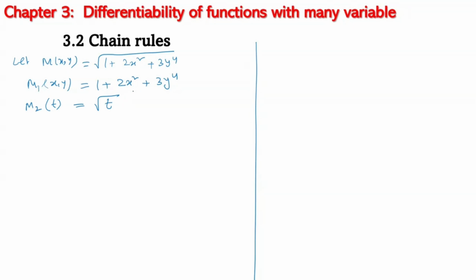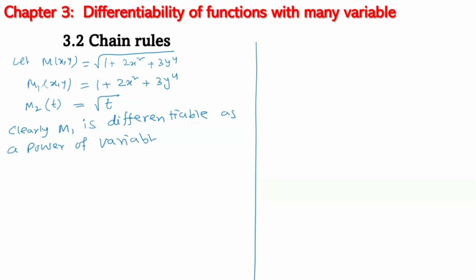By similar logic of polynomials and powers of the variables, clearly m1 is differentiable as a power of variables, and m2 is also differentiable.